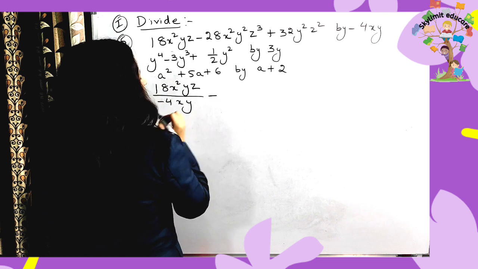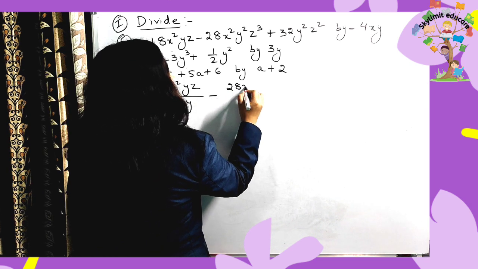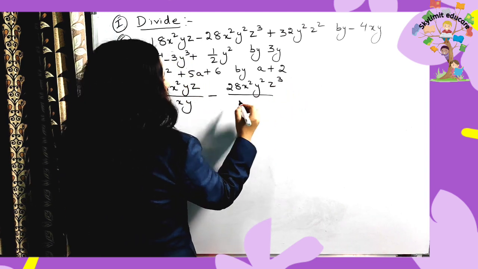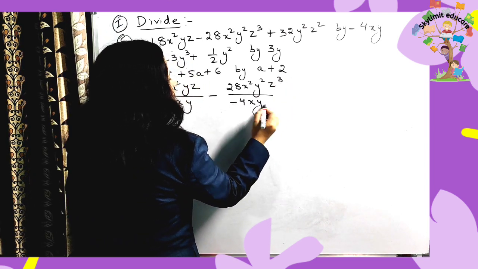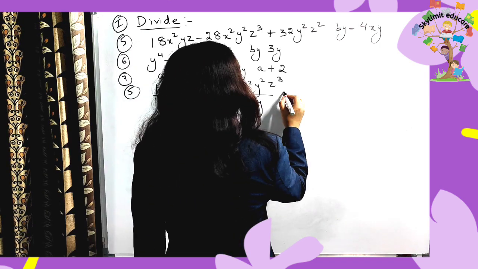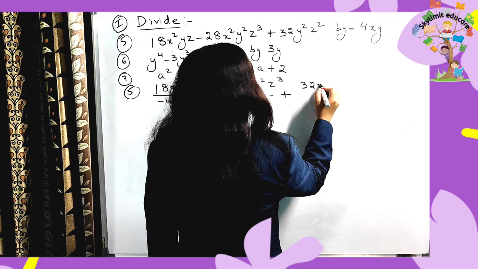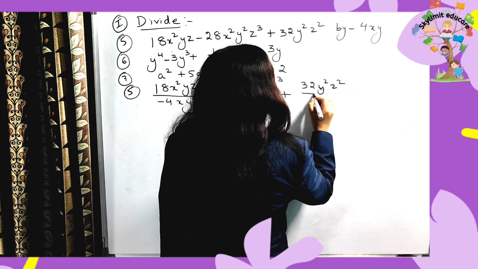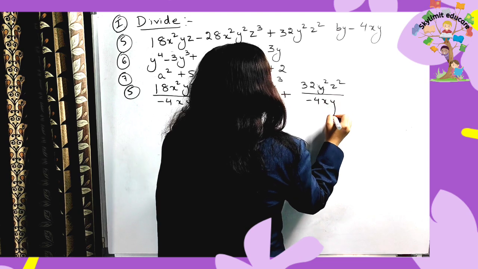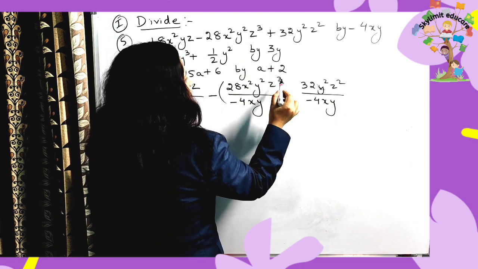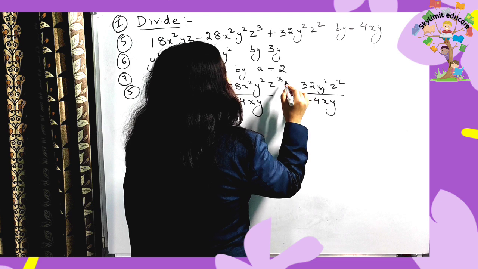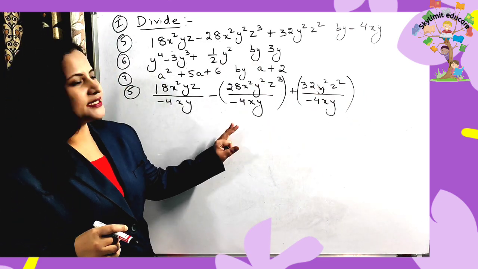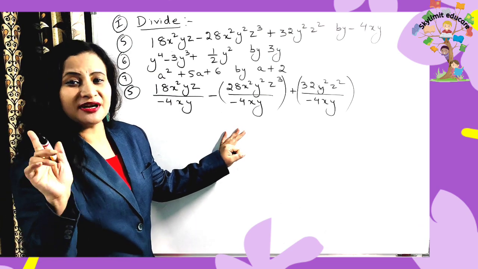Yes, minus sign, 28x square y square z cube, whole divided by minus 4xy, then plus 32y square z square, whole divided by minus 4xy. Better to put it in a bracket because outside you are having a minus sign. I have just split it like the previous one.